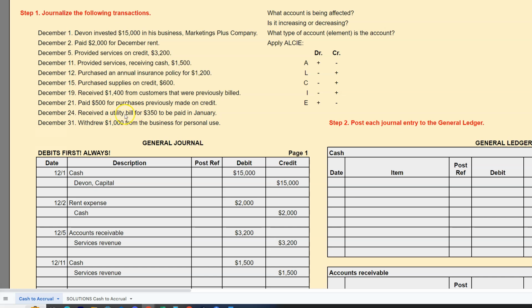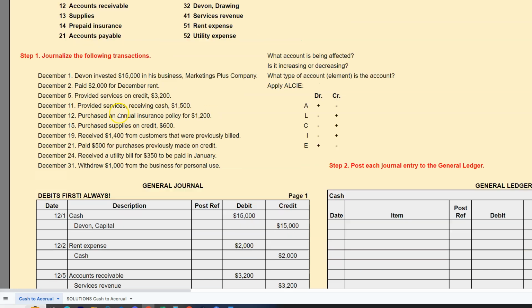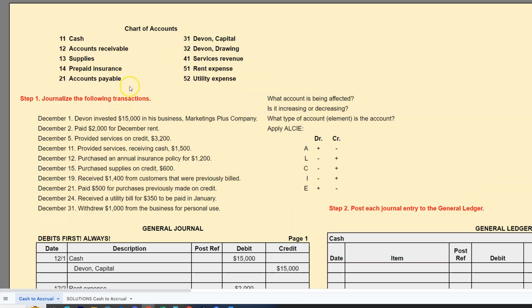We already used up the value of this. This is a bill, so this is a utility that we've probably already used, probably for the month of December. So we are going to automatically expense that. So the expense is increasing. Keep in mind, just because you paid it, it doesn't mean it ever goes down. As you incur them, your expenses increase. It's an expense account. And how do we make utility expense go up? We're going to debit.